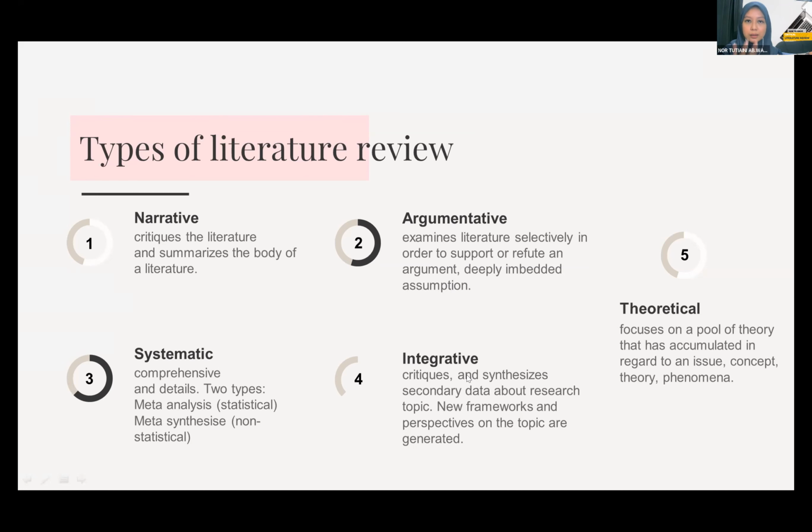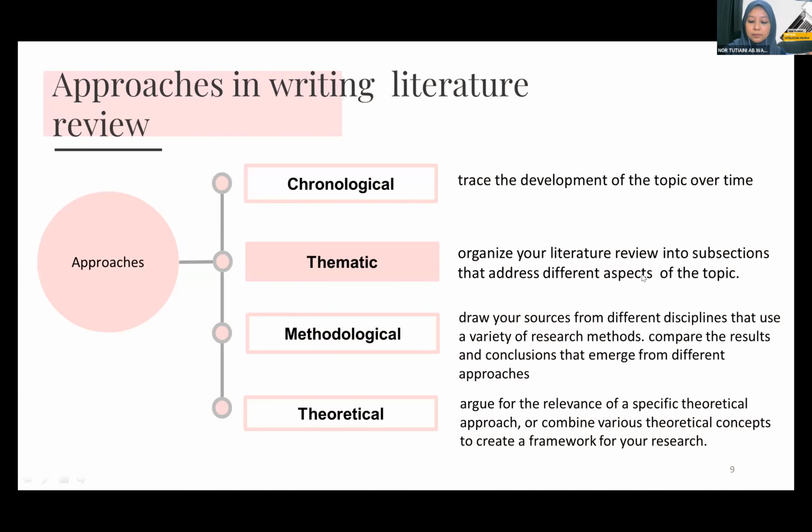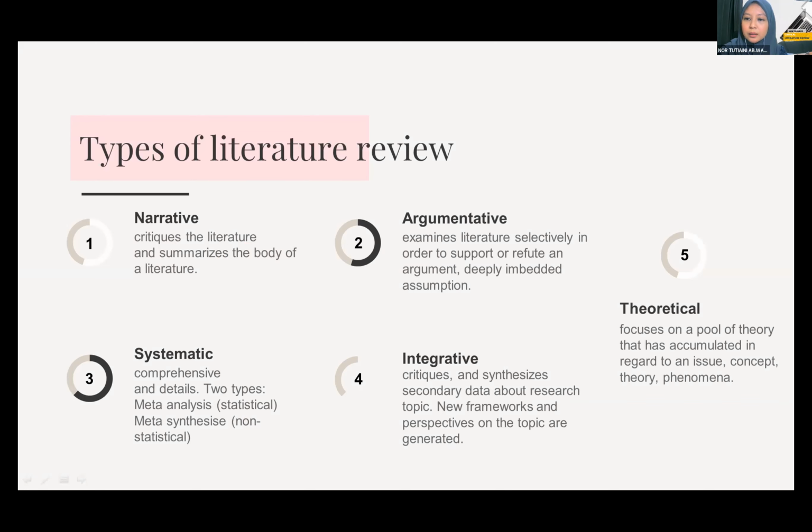Okay, and then you critiques my data tu tadi, and then you come to the new perspective, justify a framework, justify a new contributions, this and that. Okay, so itu adalah integrative. Kalau ada yang nak buat macam tu pun boleh, pun sangat menarik sebenarnya bila kita buat dalam literature review kita.